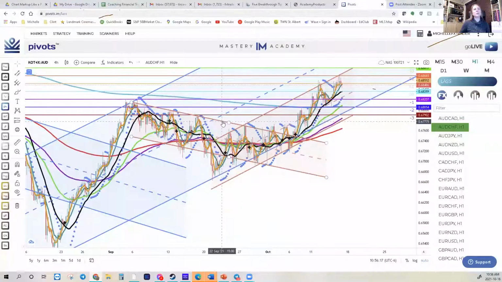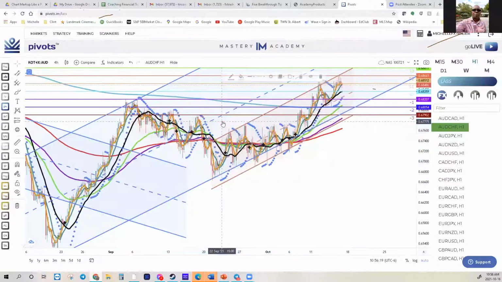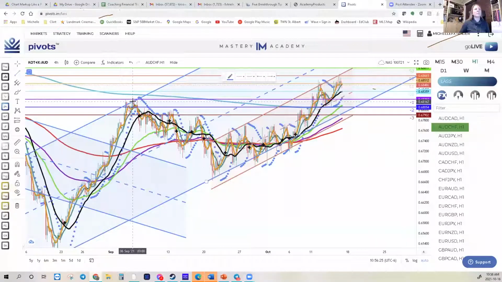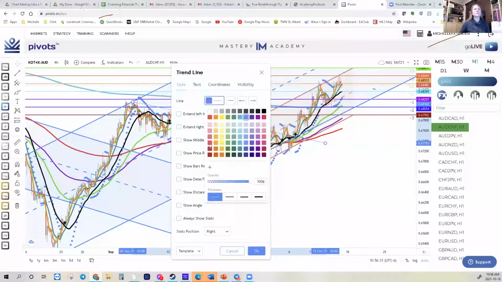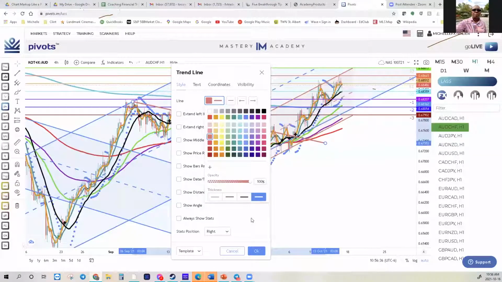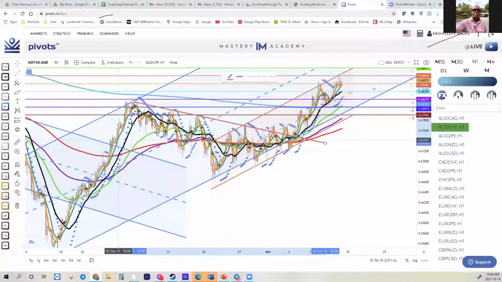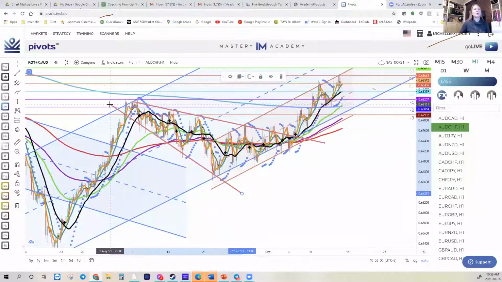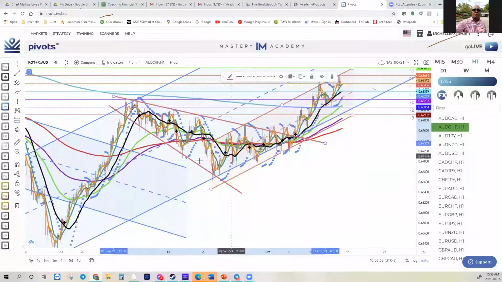Here I would have drawn a wedge, because it was really making more of a wedge here than a channel, and a parallel channel, right?